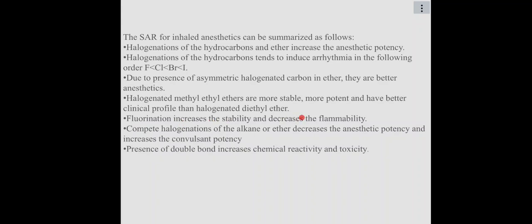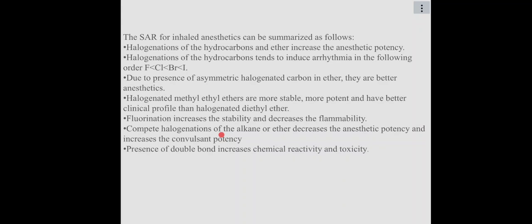Fluorination increases stability and decreases the flammability. We have already said that. Complete halogenation of the alkane or ether decreases the anesthetic potency and increases the convulsant potency. Again, we did mention you require some hydrogen, especially when the joining alkyl group in the middle has more than 2 carbon atoms.